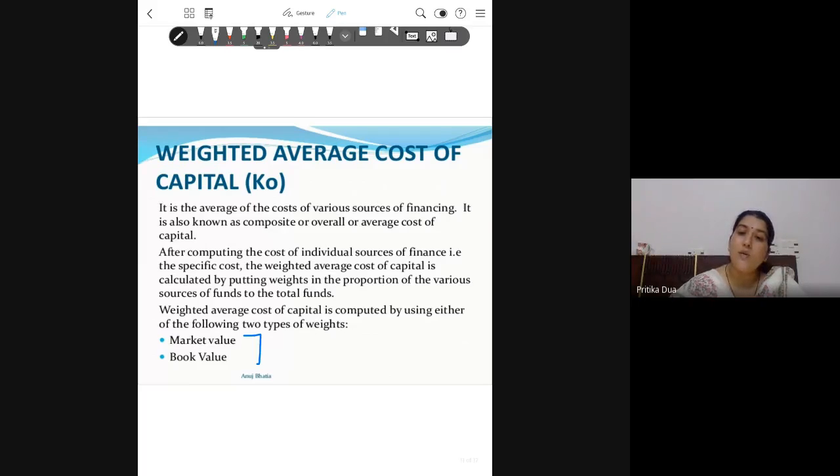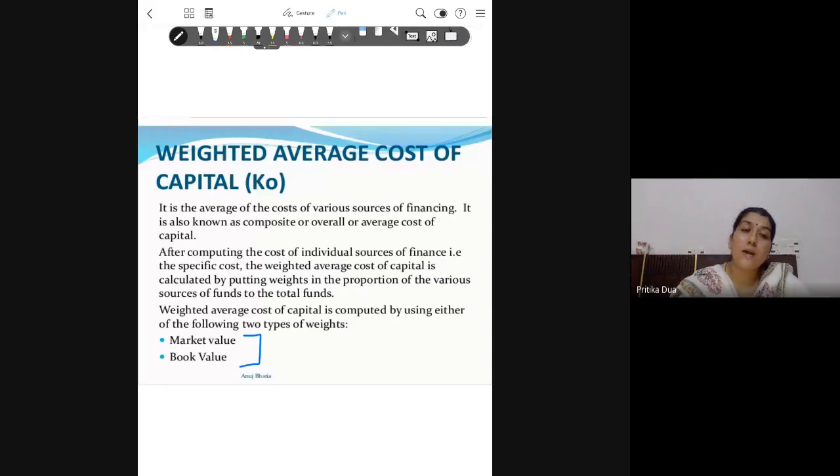What will market value be? What is the current market value of that equity share or current market value of that debenture? If I assign weights on basis of these values, that becomes market value weights. Now, obviously, out of the two, a more realistic approach is the market value weight approach. But book value is still preferred because there is stability, you can compare easily.